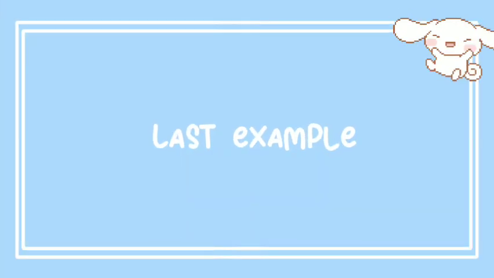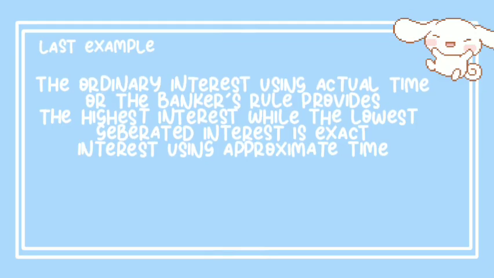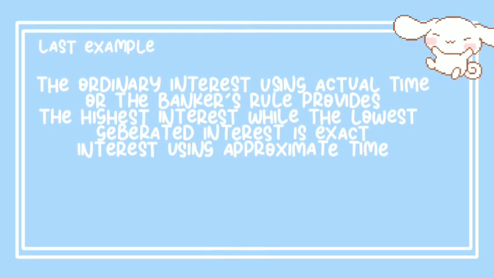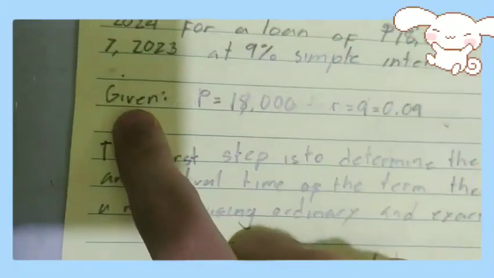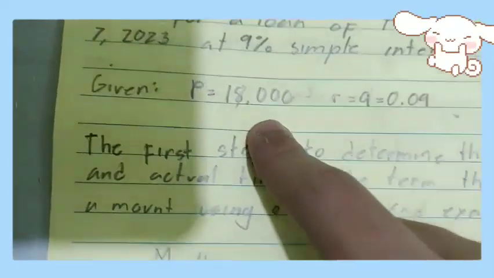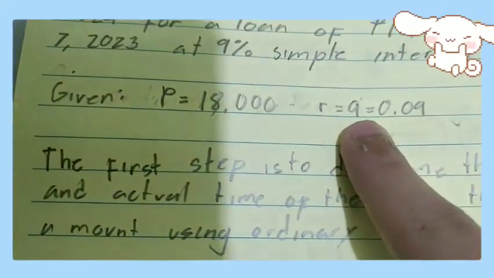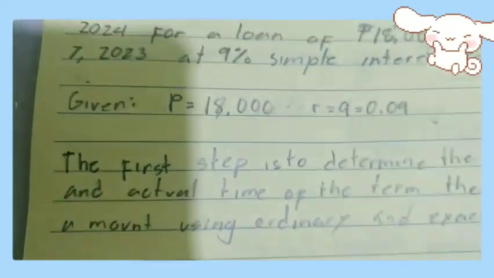For the last example, the ordinary interest using actual time, or the Banker's rule, provides the highest interest, while the lowest generated interest is the exact interest using approximated time. So our given is P equals to 18,000, and our R is 9%, equals to 0.09.